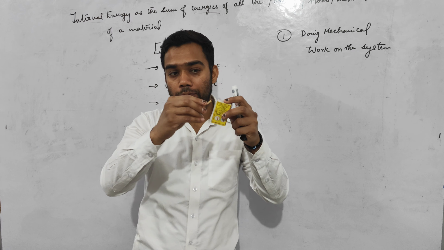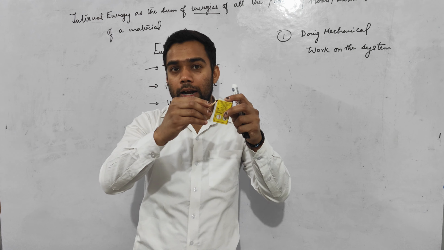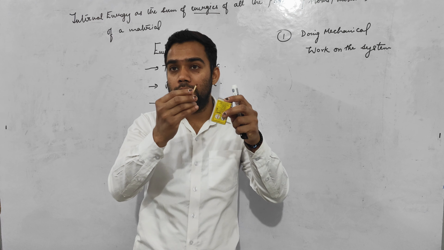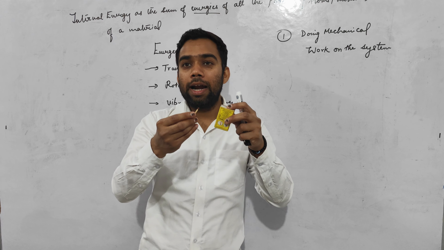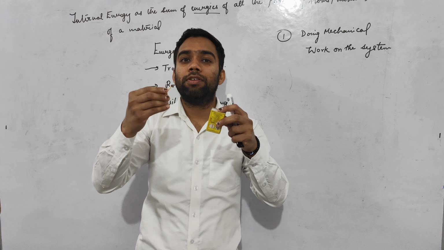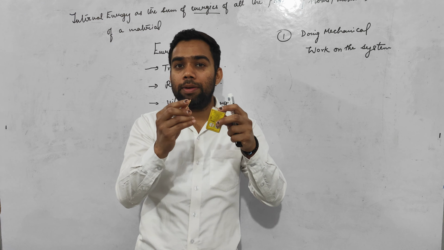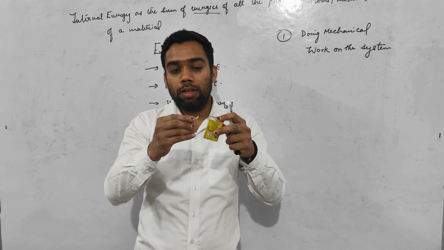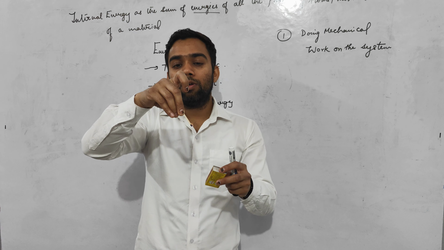So the friction is doing some work on this matchstick, and because of the work done on the system, the internal energy of the matchstick increases, and it increases up to a certain level such that the temperature of the chemical of the matchstick reaches the combustion point, and immediately it catches fire, the ignition starts and the chemical reaction occurs.